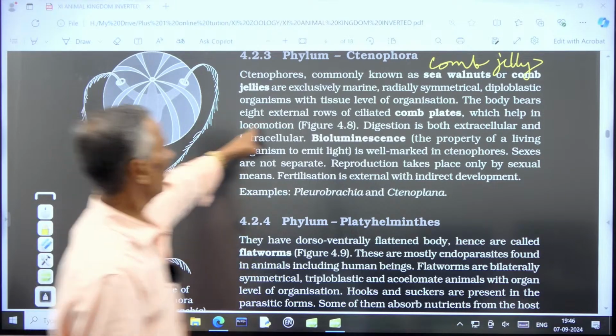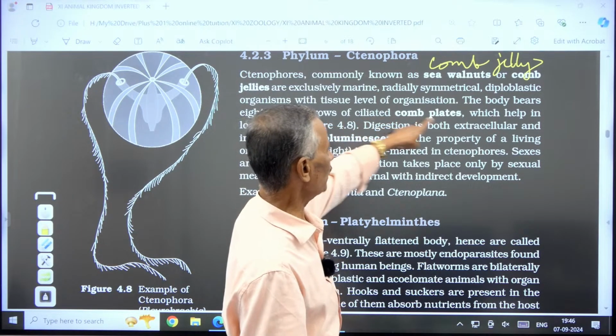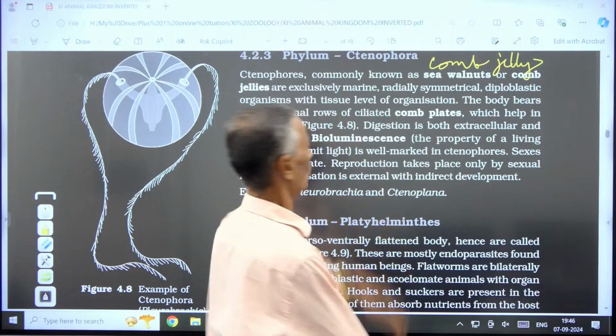Their body has 8 external rows of ciliated comb plates which help in locomotion.